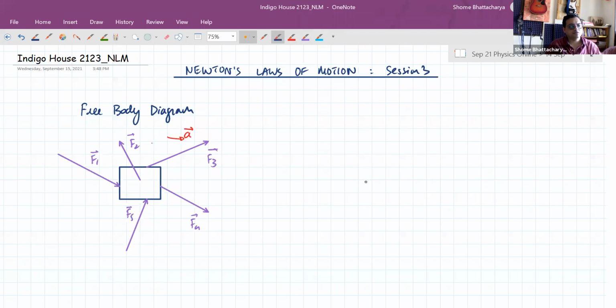Then what we do is we represent the body by a particle and draw all the force vectors as arrows originating from that point. So we'll have to redraw all these arrows such that they look like they're originating from that point.